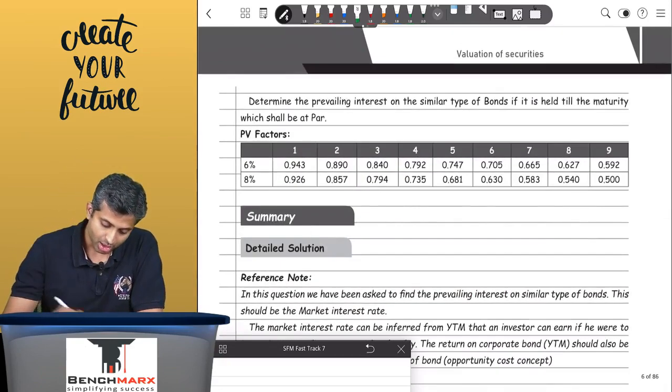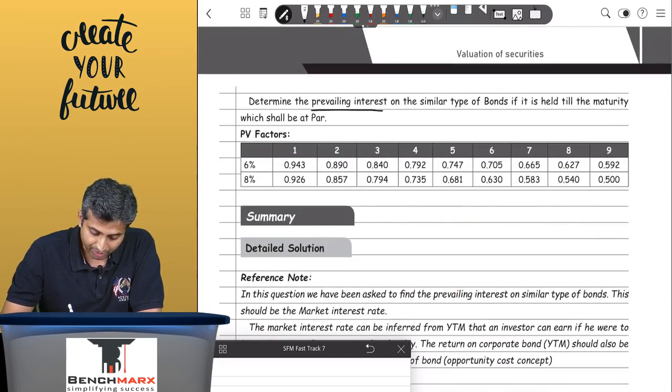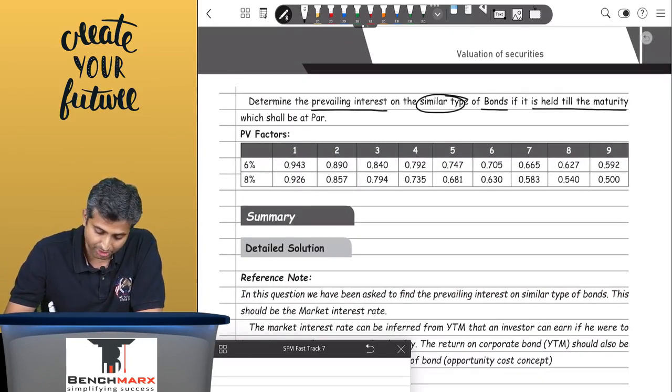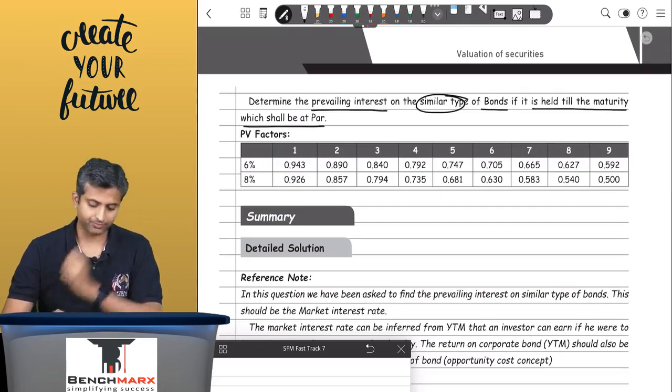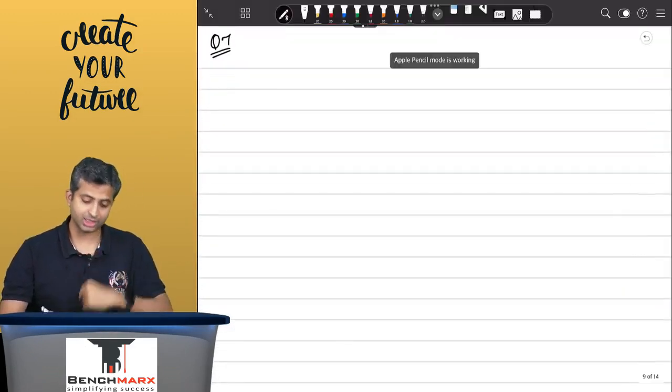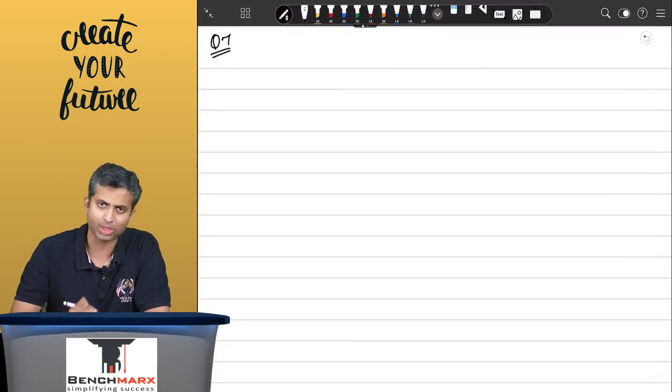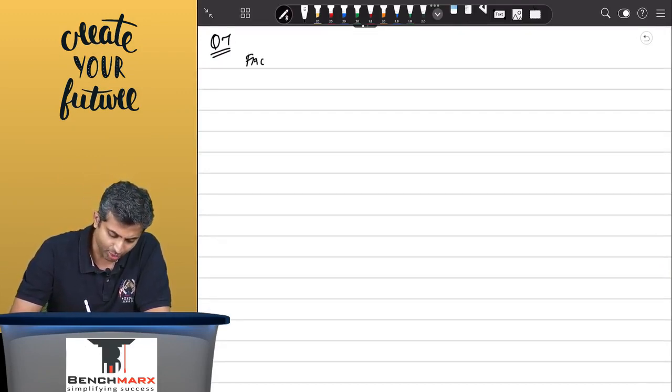Okay. Determine the prevailing interest on similar type of bonds if it is held till maturity, which shall be at par. So they are trying to figure out what is the rate. So if you look at this question, question number 7, the face value given to you is 1000.